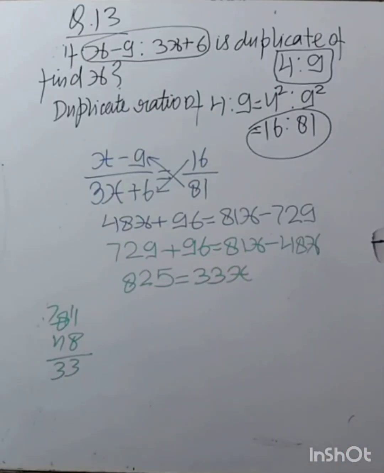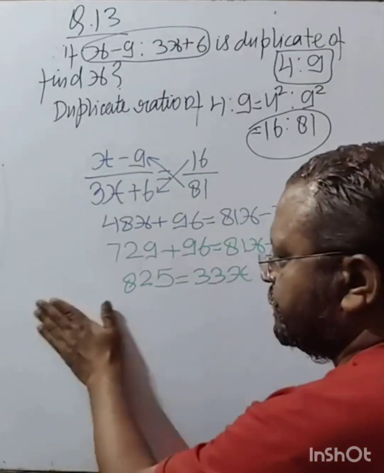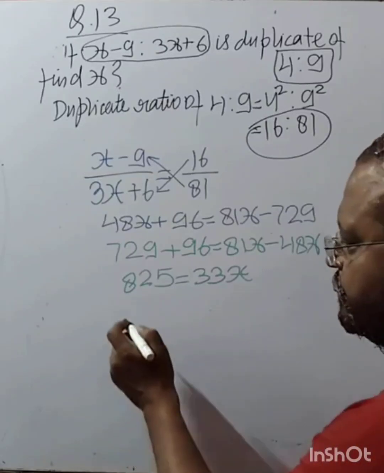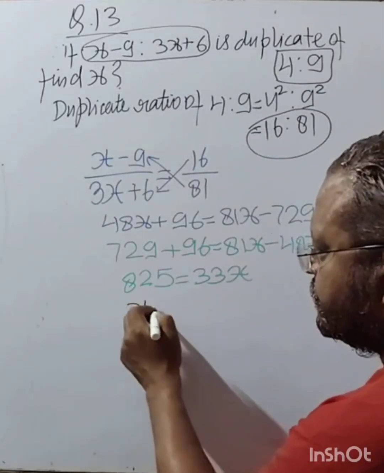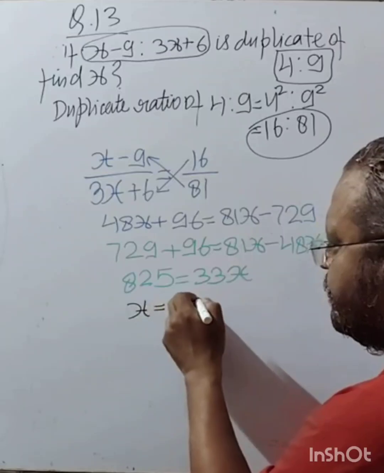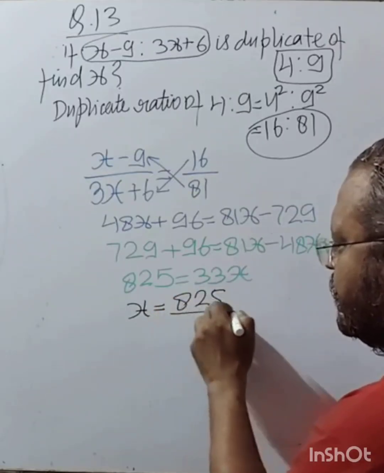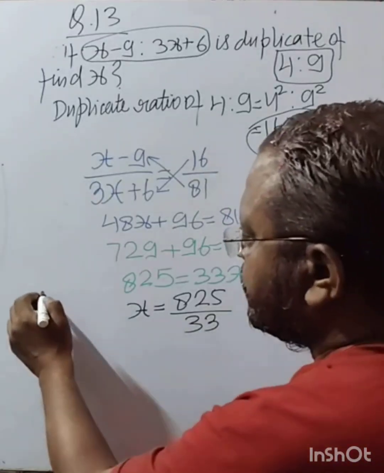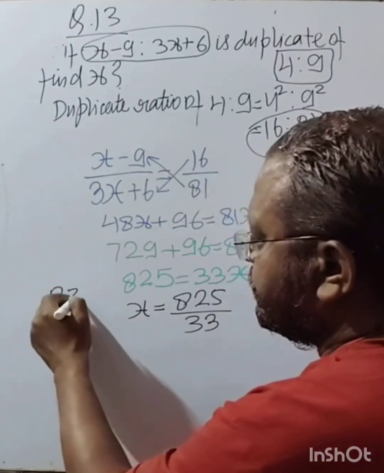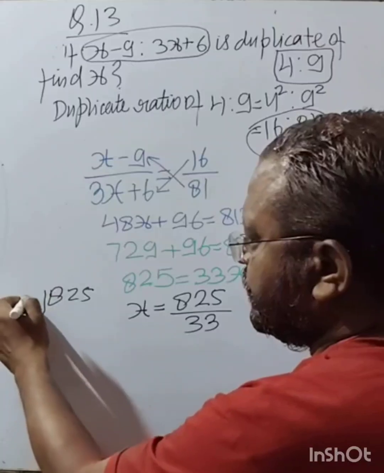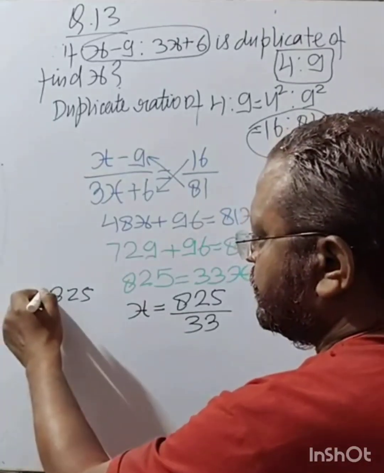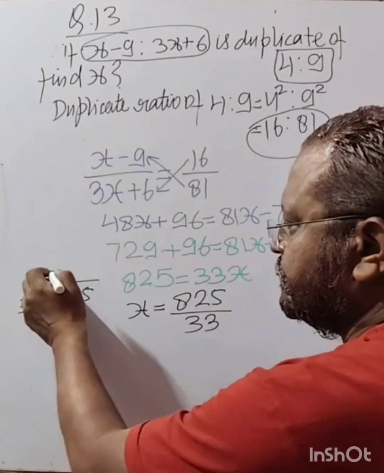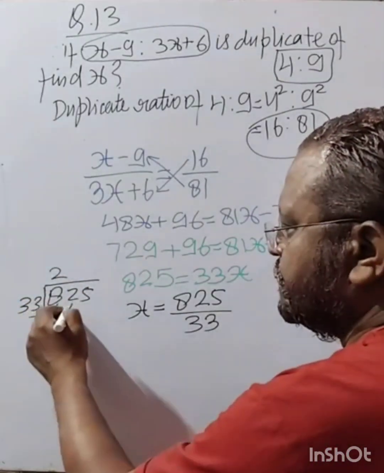Okay. So x is equal to 825 upon 33. When you divide 825 by 33, then it becomes 2 times 66.